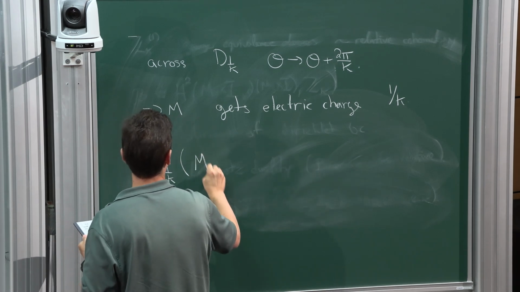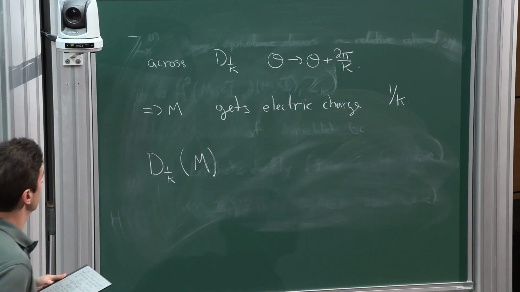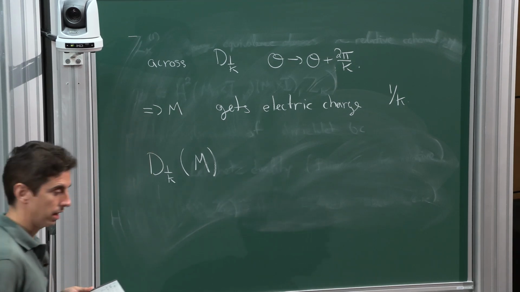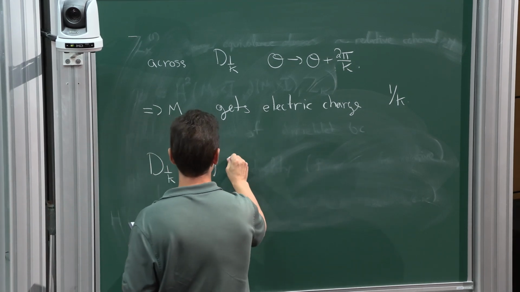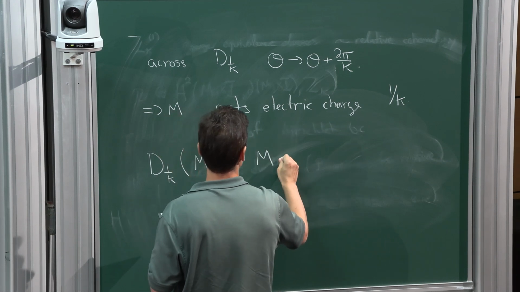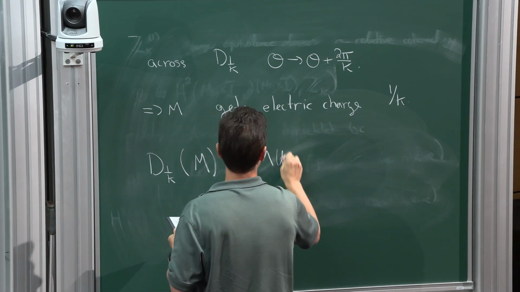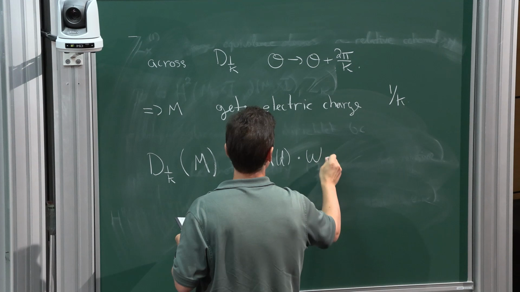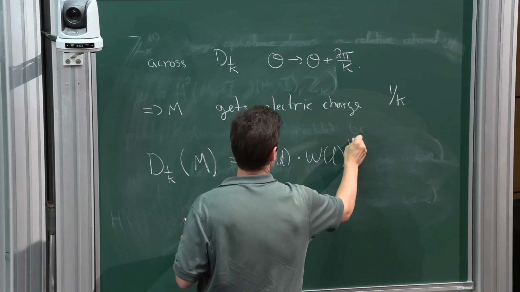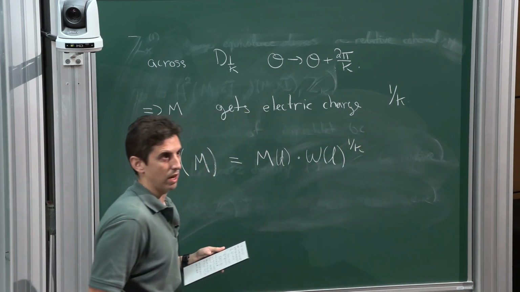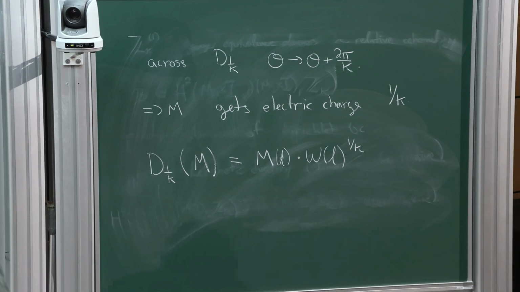D1 over k acting on, say, the minimally magnetically charged line, m, gives us m on the same line, L, and then something that we'd like to call the Wilson line to the 1 over kth power. Now we need some comments about that.